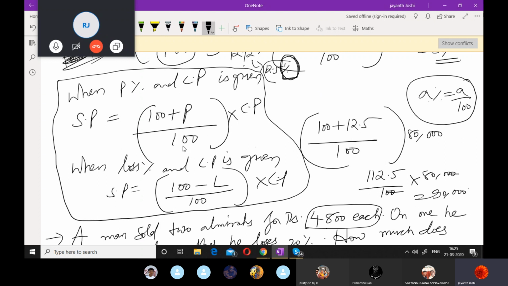If you take 100 plus 20% by 100, you will do 100 plus 20 by 100 again by 100, which will give a wrong answer. So just forget about the percentage sign and take only the number. That's it. Just eliminate it.